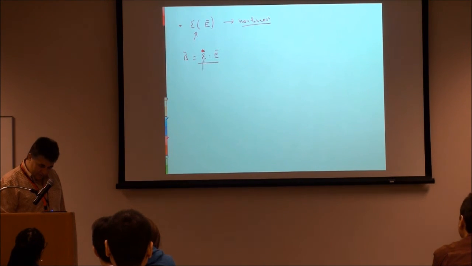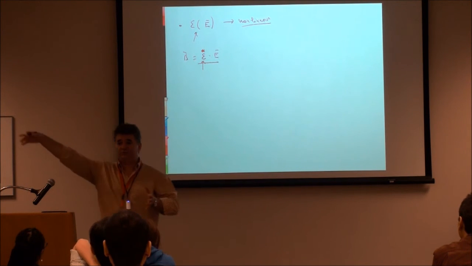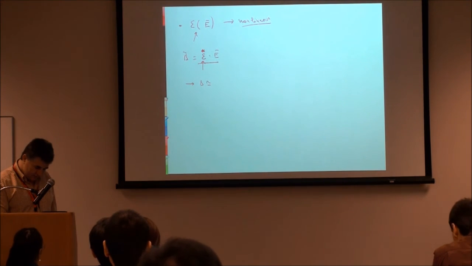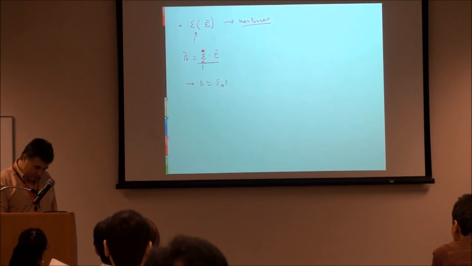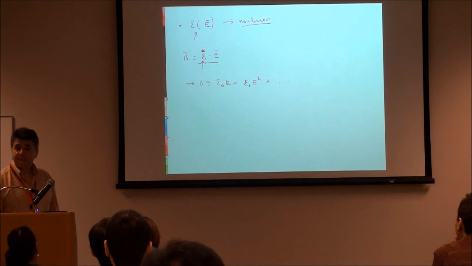In the nonlinear case, if epsilon is a function of E, I can probably expand it in a Taylor series as a function of E, and I end up with something that will be D is epsilon 0 E plus epsilon 1 E squared plus and so on.